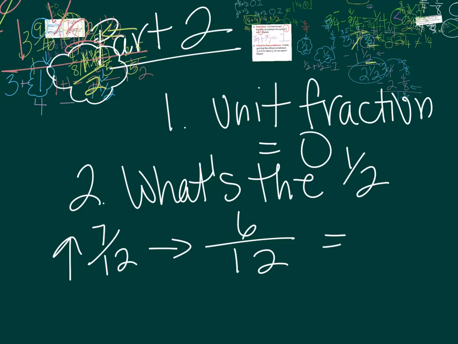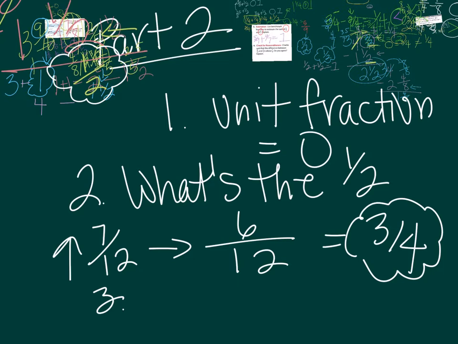So if it's greater than the half, it's going to equal 3/4. So that's what I want you to look at as you're doing these benchmark fractions. You have to think to yourself these 3 steps. And the third step is looking at your fraction and thinking about what your whole is. Let's say if you had 5/6, well, that is so close to being a whole, which is 6/6. So there I'm going to think of it as 1. So there's 3 things you need to look at.